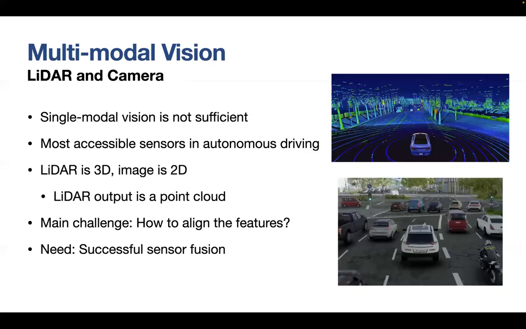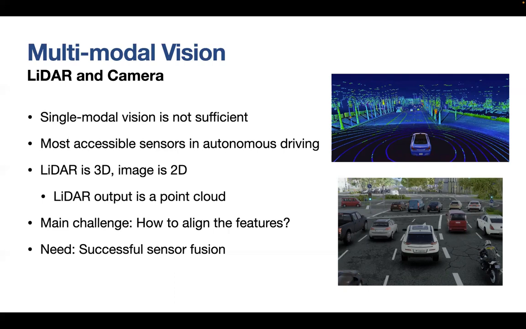Now we move to multi-modal vision. Especially in autonomous driving, we know that single-modal vision is usually not sufficient. If you only use LiDAR, we may skip many things. If you only use 2D images from the camera, then we're missing the depth information. But we can merge two of the most accessible sensors in autonomous driving to perform our tasks.